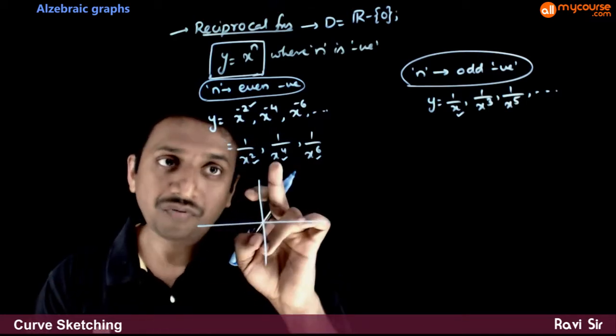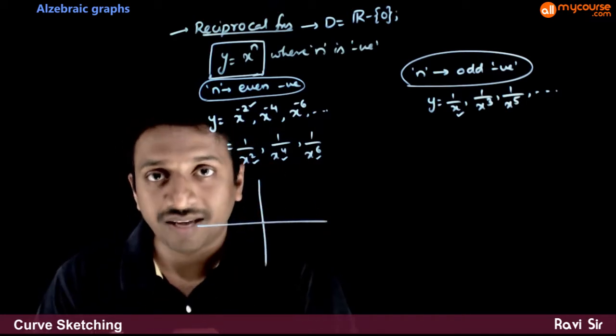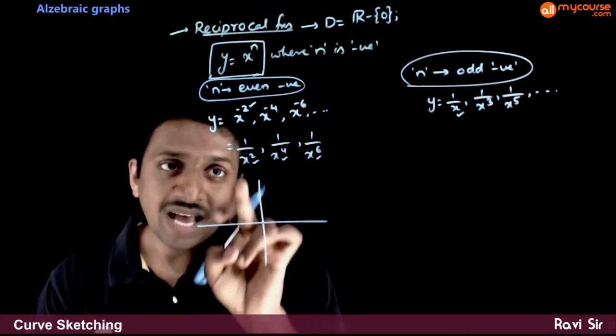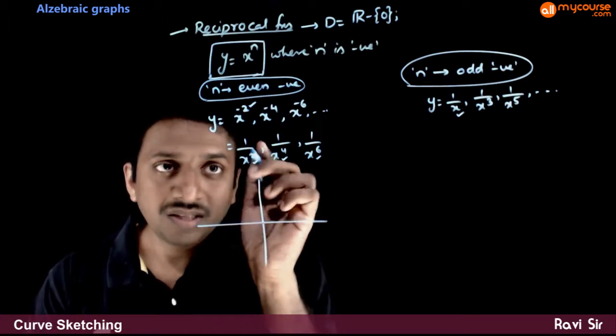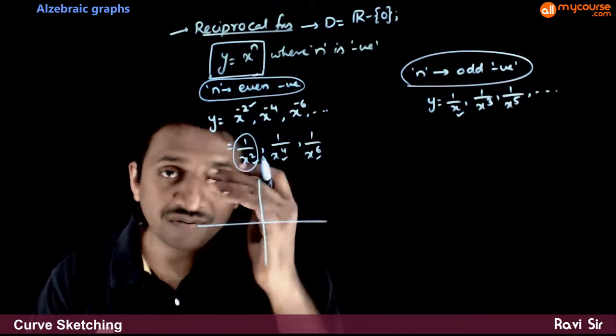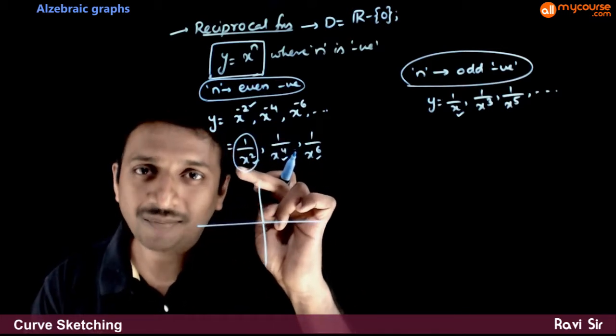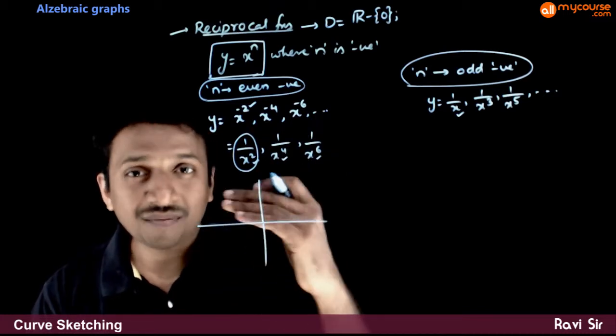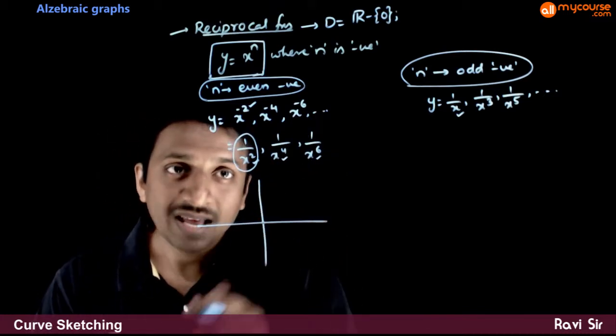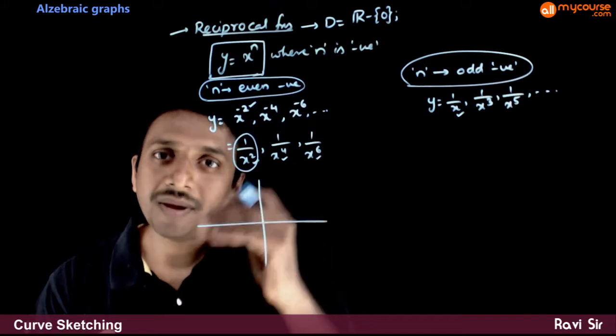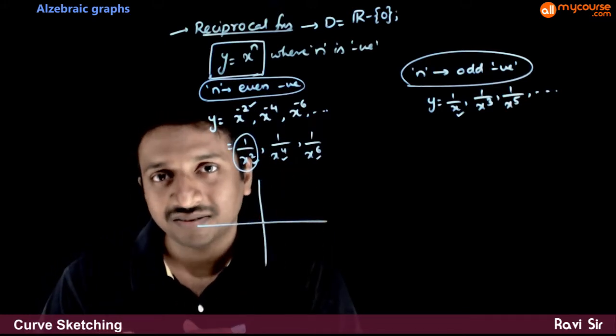Now, if you want to draw the graph of y is equal to 1 by x square, clearly as x tends to 0, this 1 by x square tends to infinity, right? If x is a very small number, 1 by x square is a very large number. As x increases, 1 by x square decreases.